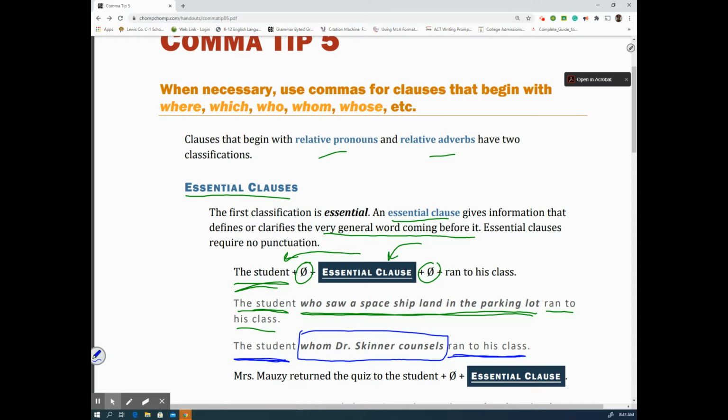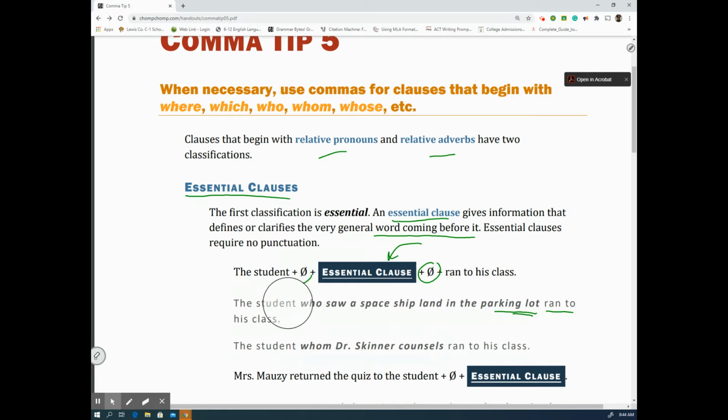Again, this describes what student I'm talking about. Because student is, again, I don't know who you're talking about exactly yet, this makes this an essential clause, and as you can see here, does not require commas.